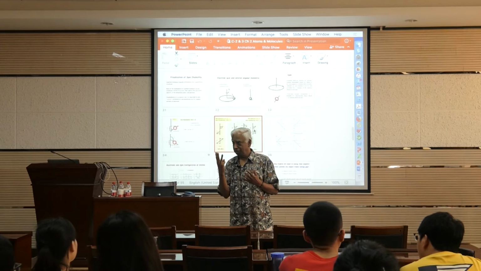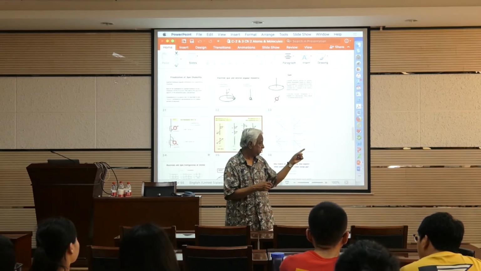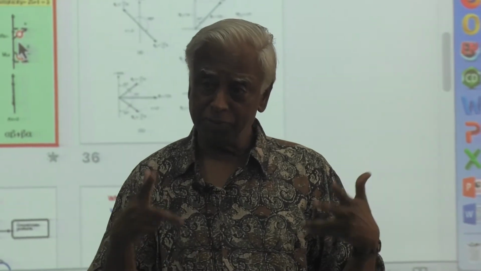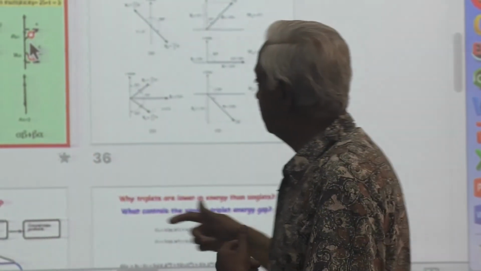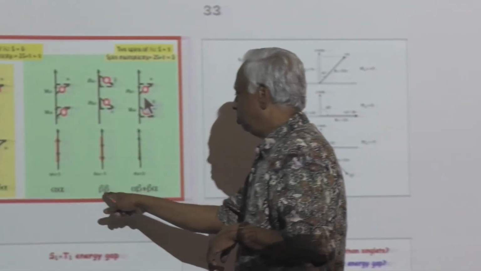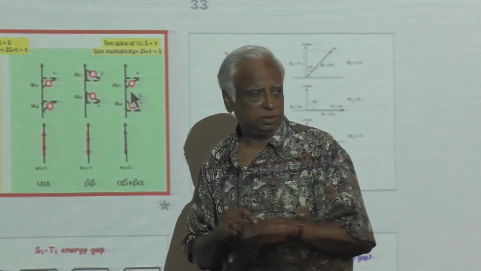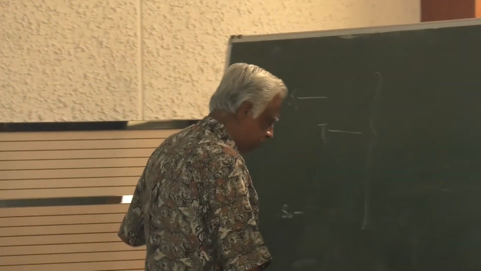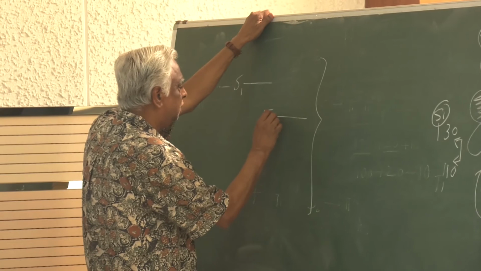Triplet means 3. So when you have the triplet, the 2 electrons with the same spin will have 3 different spin states: alpha alpha, beta beta, and this one. So this triplet state normally has 3 different states. In fact, it actually looks like this.